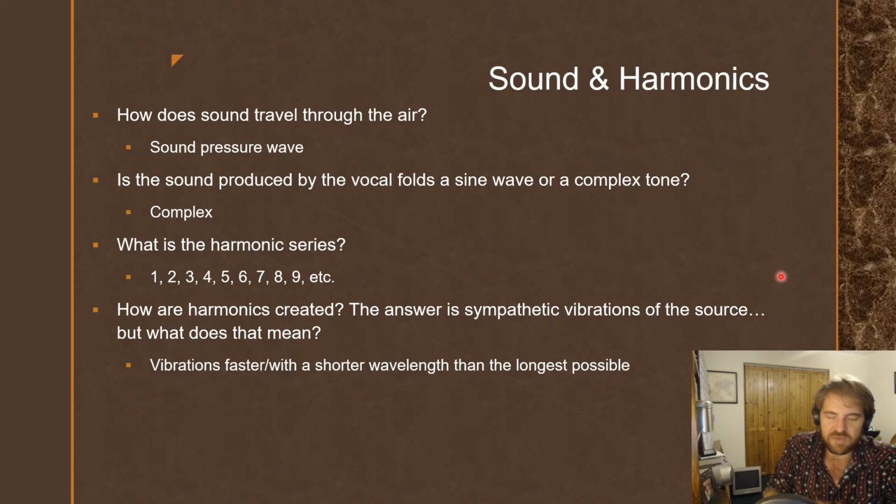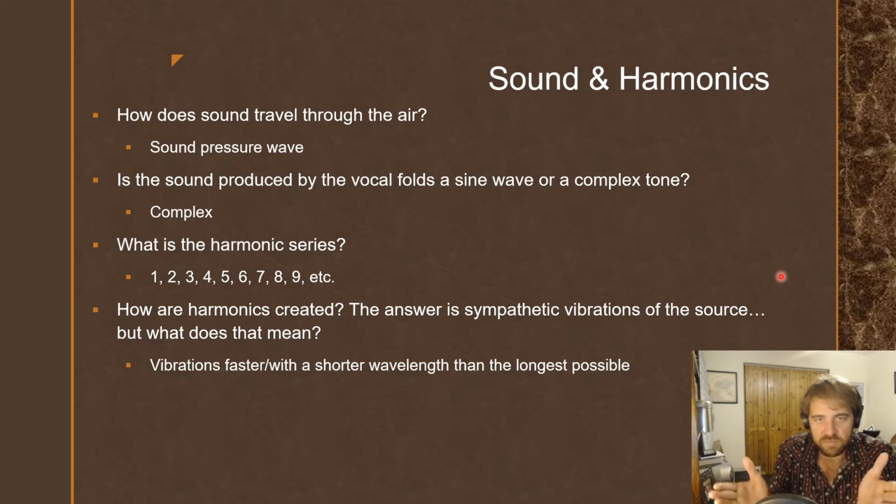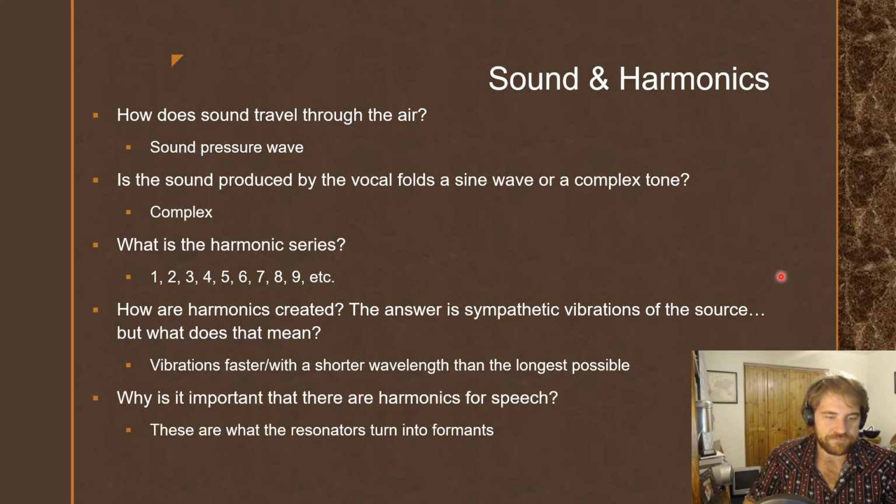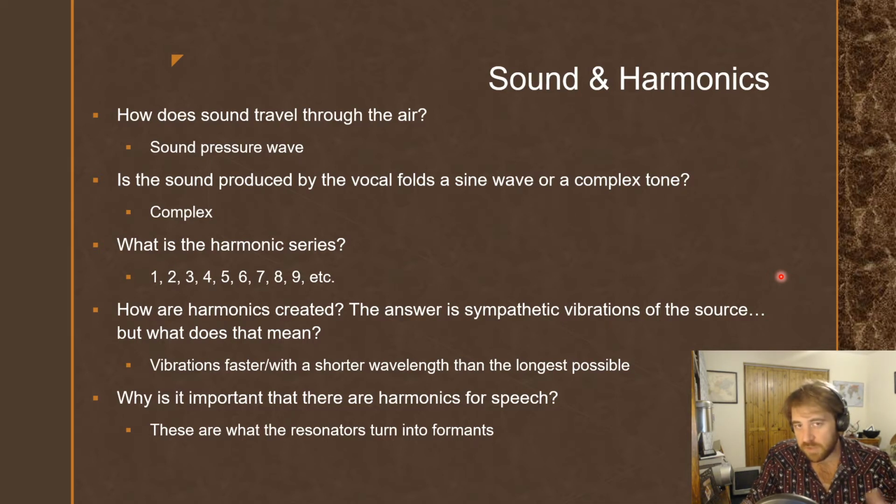Essentially, it's just faster vibrations than the lowest possible sound, or shorter wavelengths than the longest possible sound. That's it. Okay. Why is it important that there are harmonics for speech? This is really banging right up against speech science.